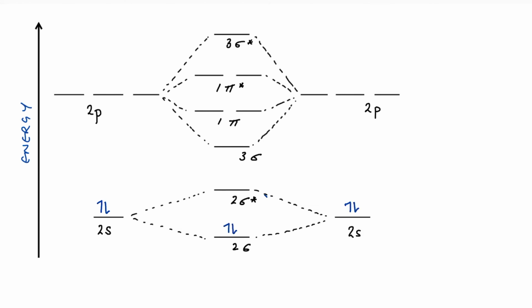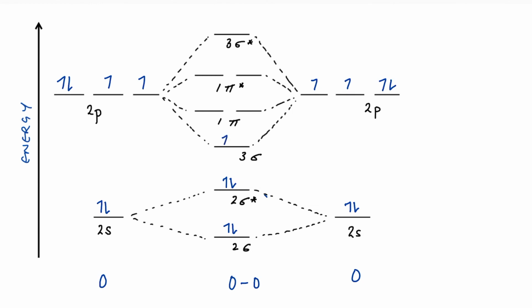So once again, that fills the 2 sigma bonding and antibonding molecular orbitals. So that's one oxygen atom, this is my second oxygen atom. And with the 2p, I've got 4 electrons: 1, 2, 3, 4; 1, 2, 3, 4. So I've got 8 electrons to put into my molecular orbitals.